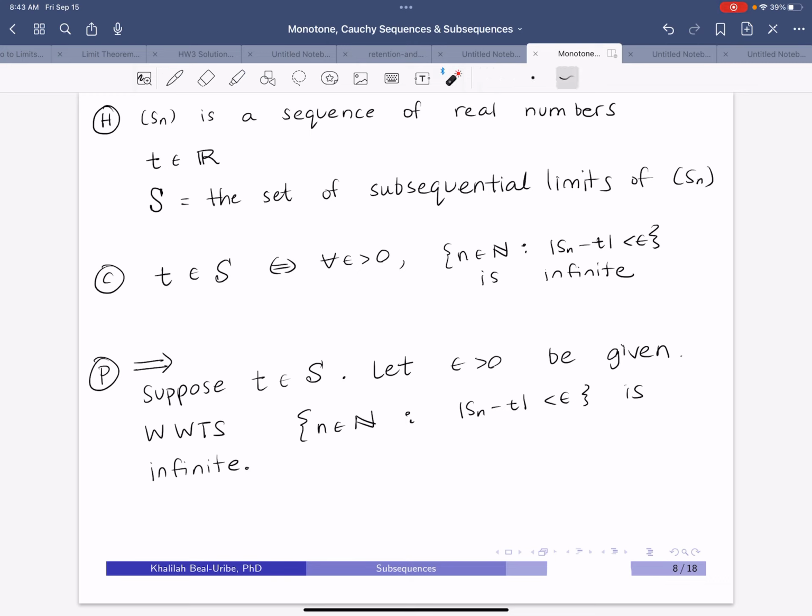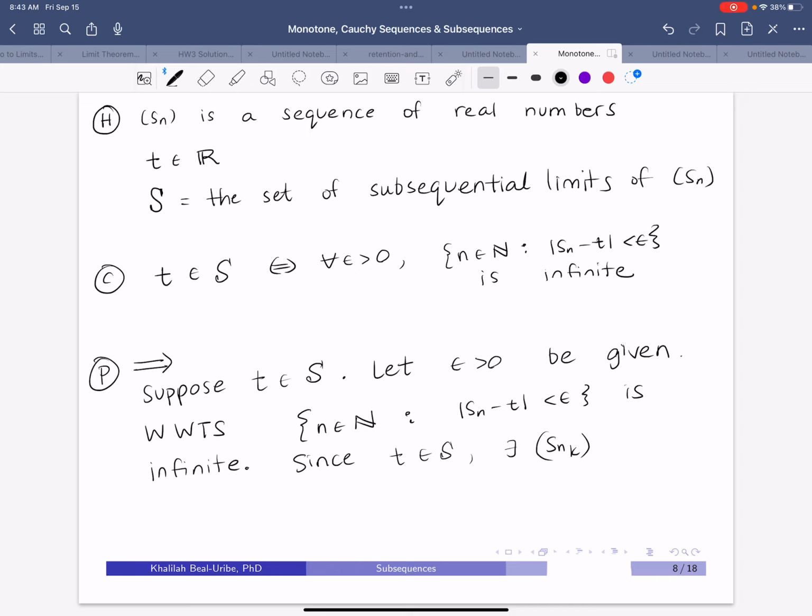Well, if T belongs to S, then that means that there's a subsequence converging to T. And so if we have a subsequence converging to T, that means for any epsilon greater than 0, all but finitely many of the terms of the subsequence are within epsilon units of T.